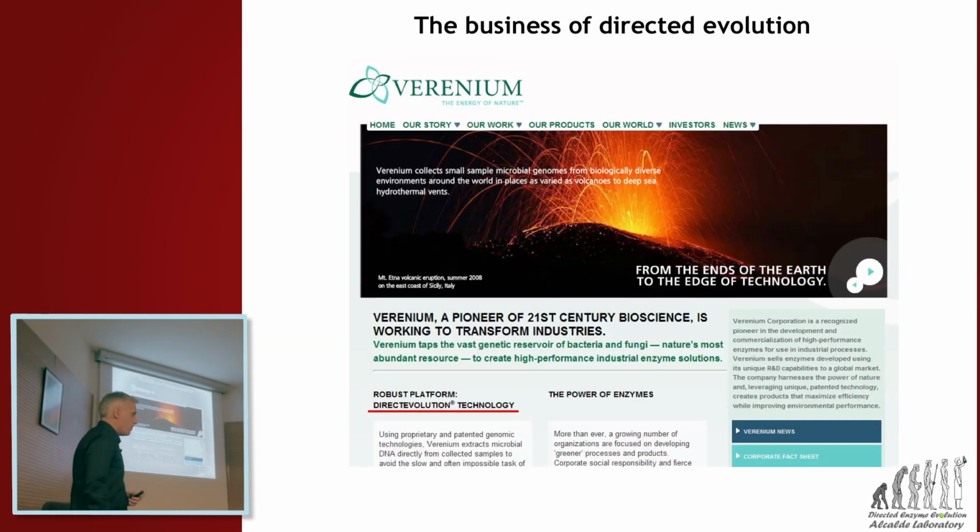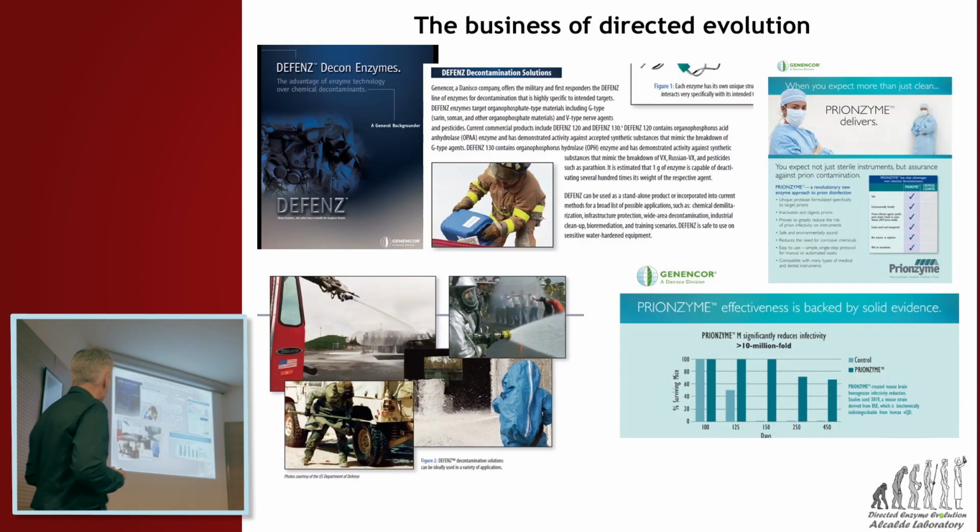This is Verenium, another company which is also involved in directed evolution, and they are evolving enzymes from extremophile environments. So they believe that if they take enzymes from extremophile environments, let's say that they explore a volcano and take samples from there, these enzymes are going to be better departure points for directed evolution because they are more robust enzymes, and therefore you can improve even further the robustness of these enzymes.